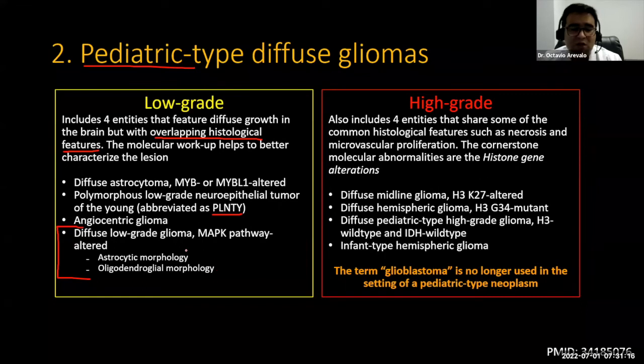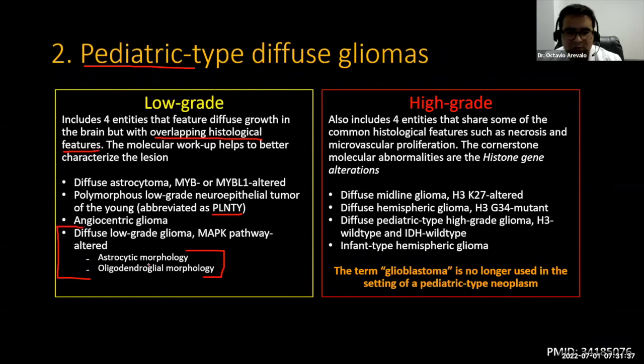And it is because these guys do not play by the rules of the IDH mutation. So these oligodendrogliomas of the kids do not have the IDH mutation and 1p19q deletion, even though they have the oligodendroglial morphology.